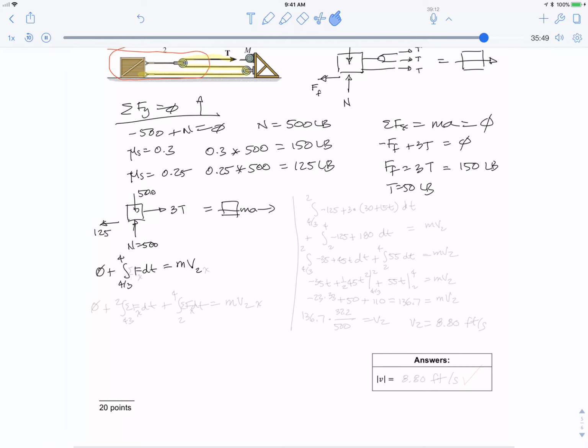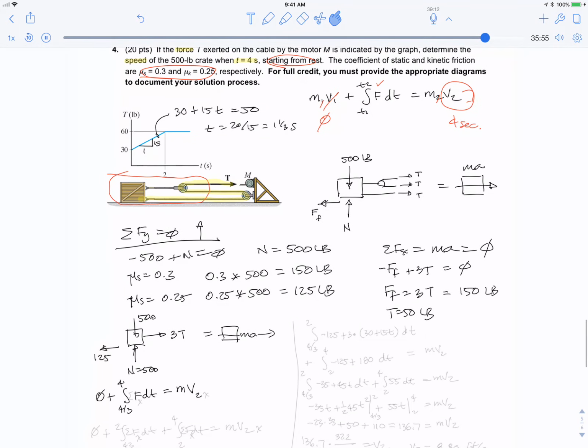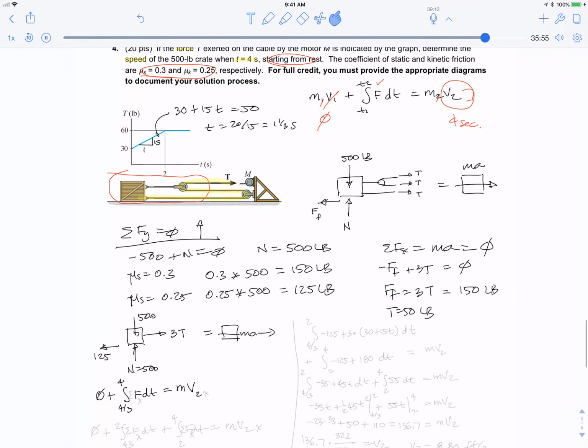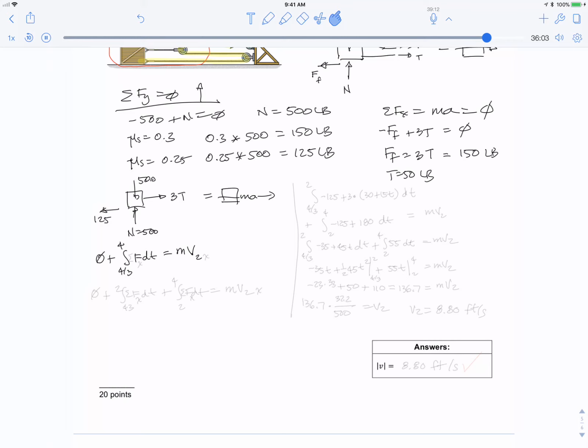But if you look at the plot for the tension, it's linear until 2 seconds and then it's constant. And so what we're going to have to do is break this integral from 4/3 to 2 seconds of F dt, and then the integral from 2 to 4 of F dt equals mv2.